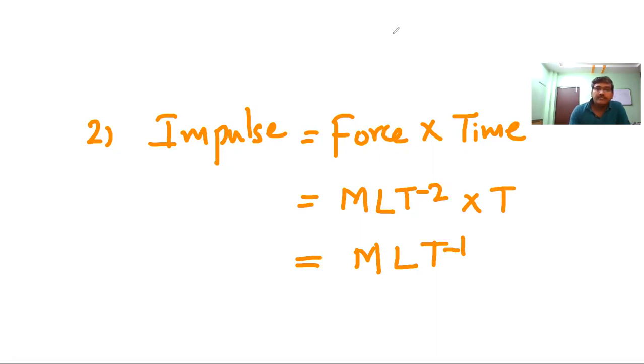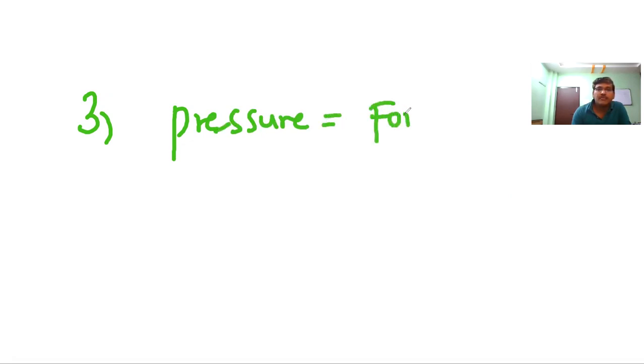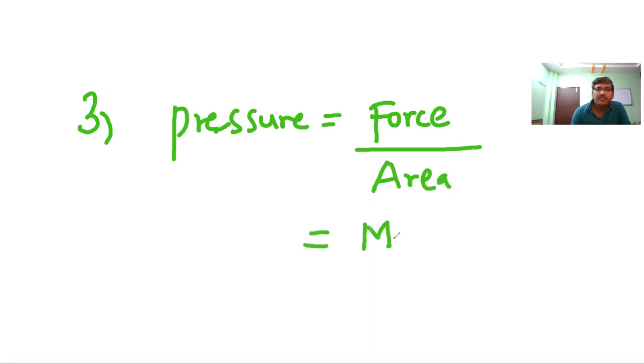Let me take up the third one also. We have taken up the pressure. Pressure is defined as normal force by the area. As you know, the force dimension formula is mass into acceleration, M L T to the power of -2.